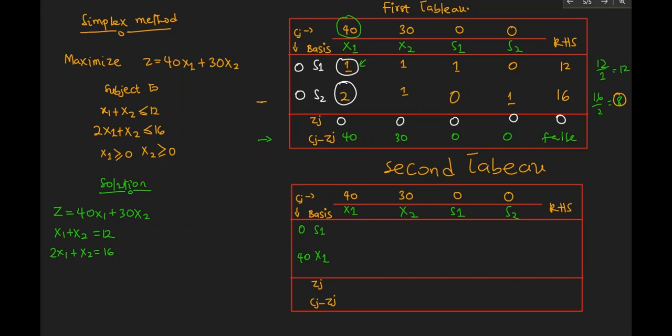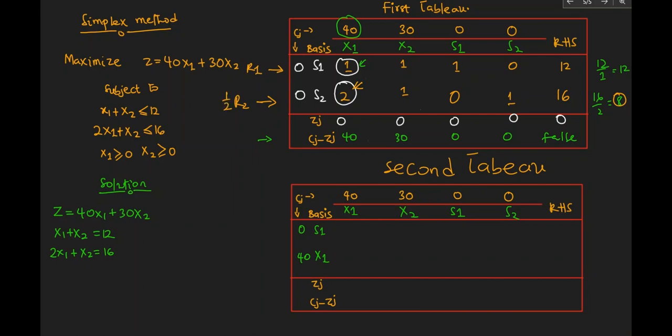So look at the old row 2. Let me name this row 2, and let me name this row 1. You look at the old row 2 and find a way to make this first value 1. You can make 2 into 1 by just dividing by 2, right? So that means you are going to multiply the old row 2 by half.